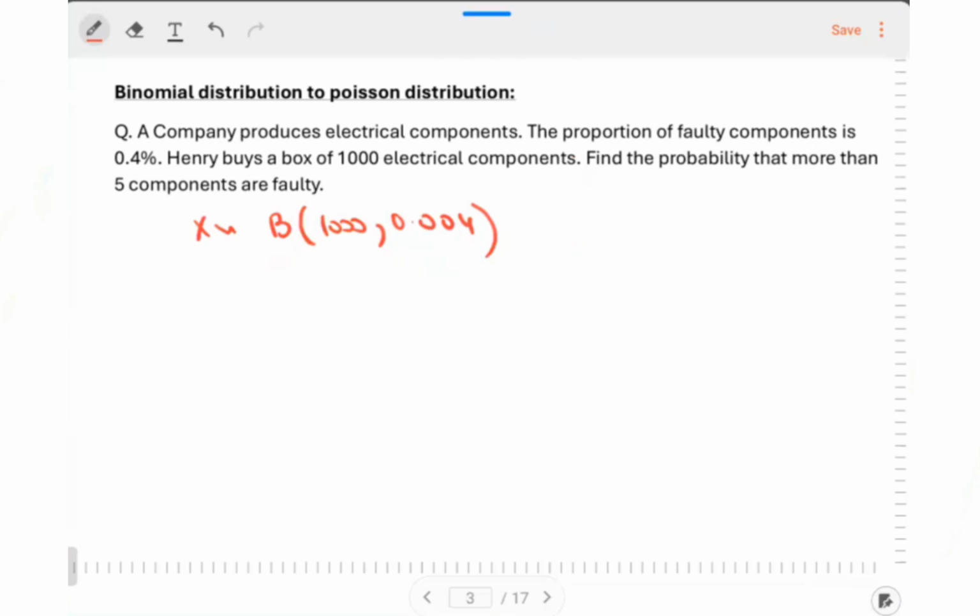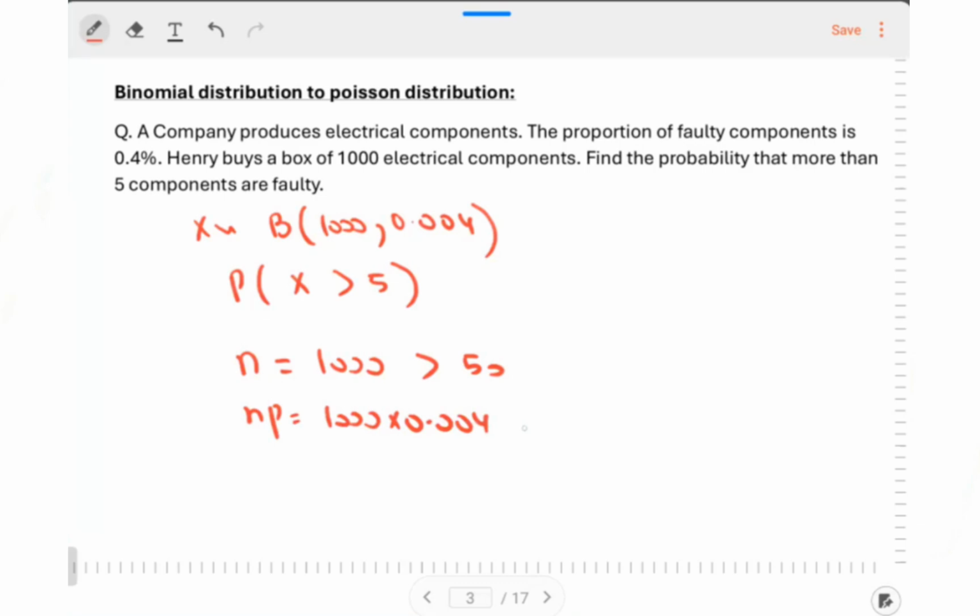So a company produces electrical components. The proportion of faulty components is 0.4%. Henry buys a box of 1000 electrical components. Find the probability more than 5 components are faulty. अगर इसको बाइनोमियल से करने लगेंगे तो बड़ा लंबा प्रोसेस हो जाएगा. हम चेक करें, n 1000 है which is greater than 50. np, 1000 into 0.004 is 4 which is less than 5.